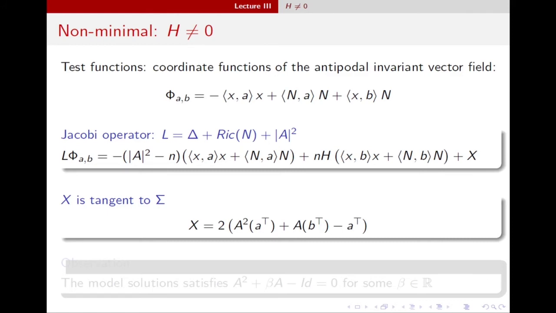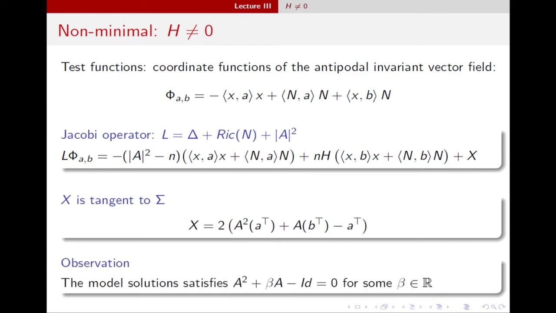Okay, so but the key observation that we notice for the Clifford hypersurfaces is that the second fundamental form obeys a quadratic equation such as this one, for some number beta, that of course will depend on the Clifford hypersurface you are considering, right?